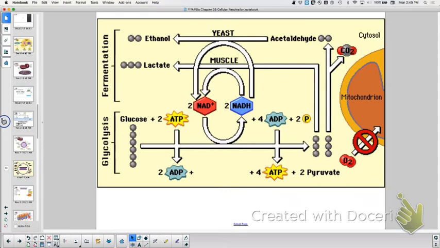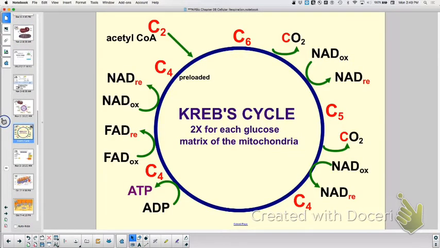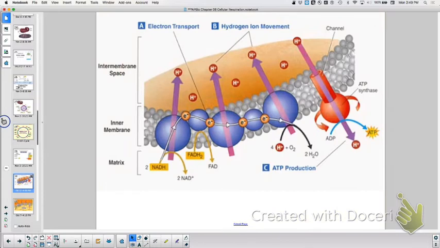Okay, we know about the structure of the mitochondria. We feeling good about this? Okay, so gather all your reduced NADs and FADs and take them to the top of the ETC, and then what?